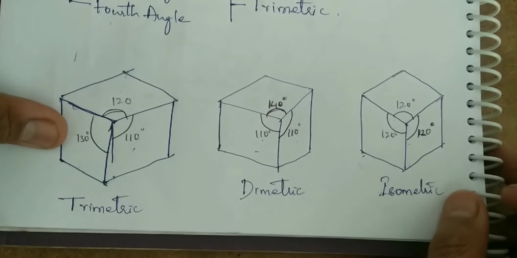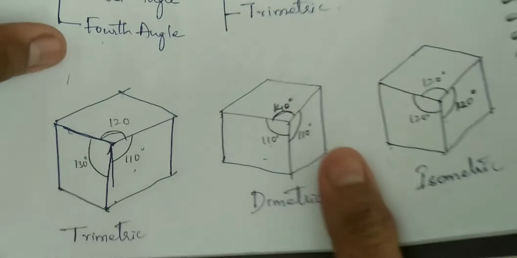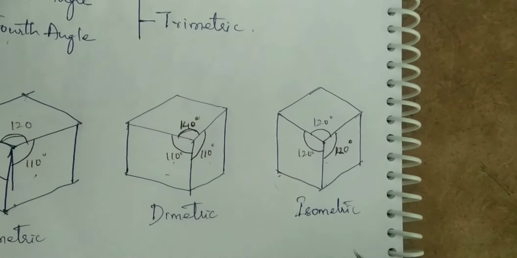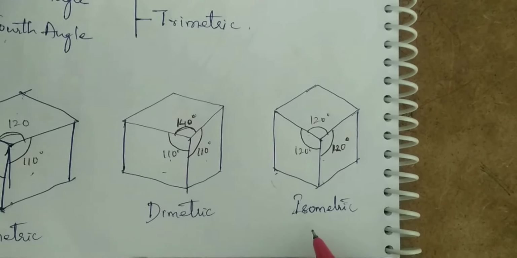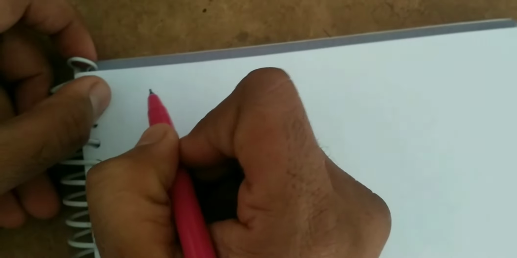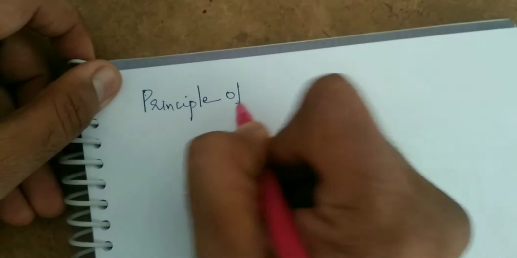Now if we come to the point of these projections, isometric projections. The main topic we are going to discuss in this present topic is isometric projections. So what is actually meant by isometric projection? What is the principle of isometric projection?